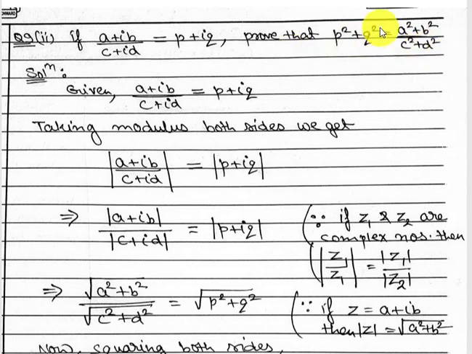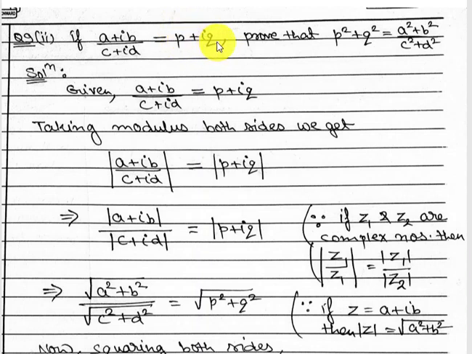If you observe the proving part, whatever we have to prove, here you can see it's p square plus q square, and here it's a square plus b square upon c square plus d square. So if I take the mod of this complex number, what will I get?